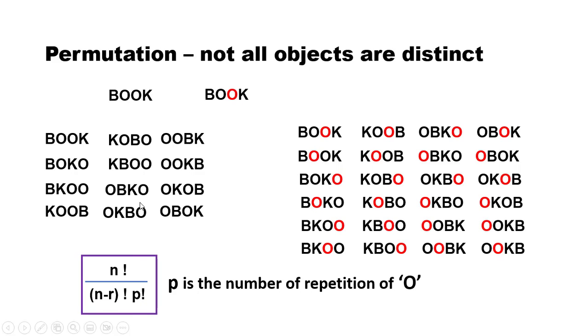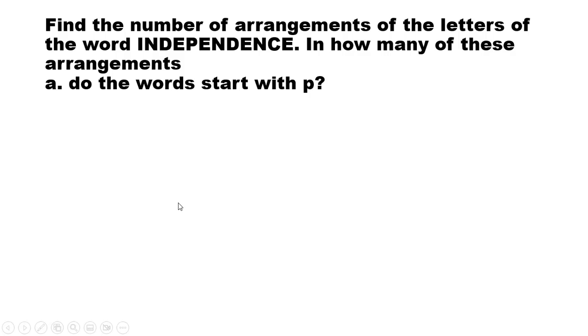If there were 3 O's, it will become 3 factorial. So this is what we need to do to actually take duplicates into account. That's what the title says. Not all objects are distinct, meaning that B is distinct, K is distinct, but O is not distinct. Let's apply that rule for some of the problems.